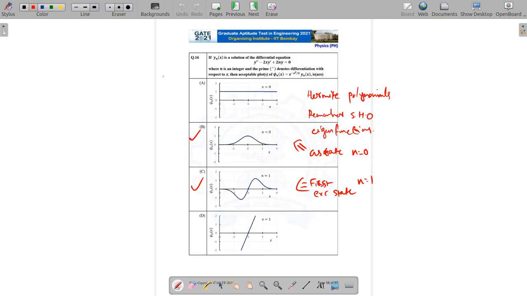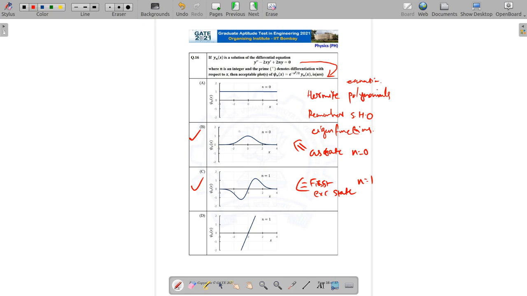This is actually a straightforward question if you identify that this is basically the Hermite polynomial differential equation. The Schrodinger equation corresponding to the simple harmonic oscillator basically takes this form in the position basis.